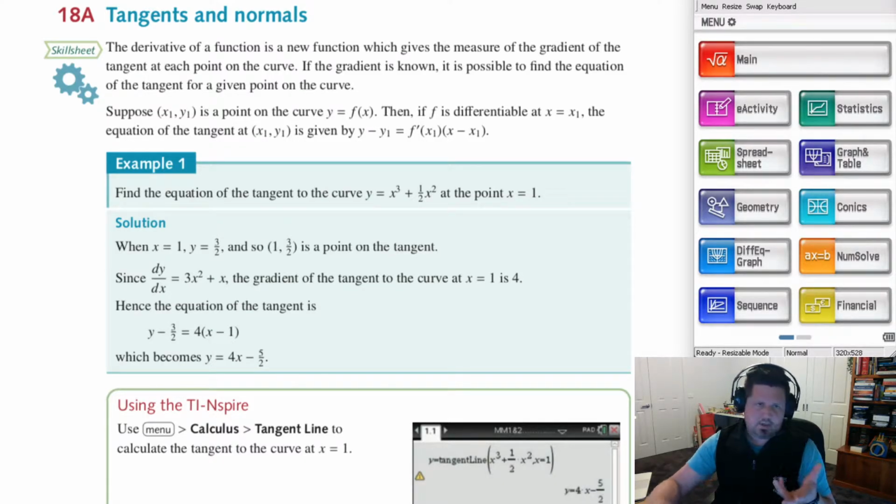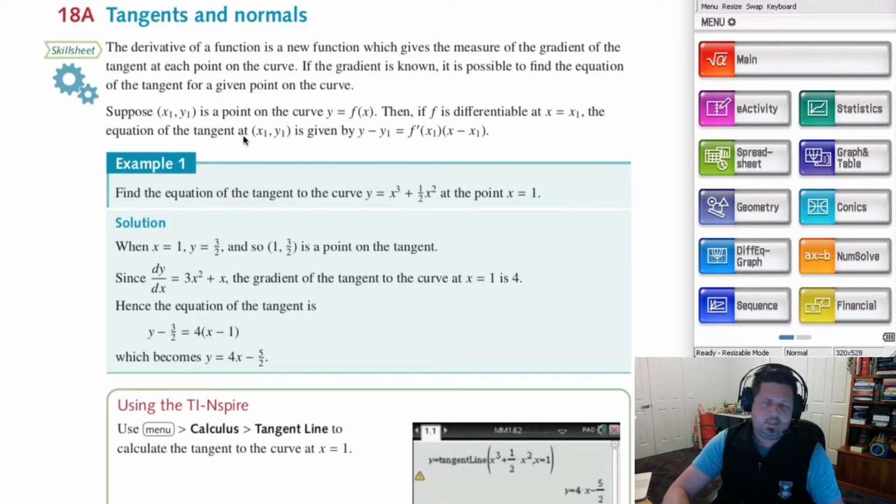So here's how it operates. If you are given a particular coordinate, say x1, y1, on a point of a curve, y equals f of x, so you've got an equation, and you're able to differentiate that at this particular point x1, then here is how you get the tangent equation.